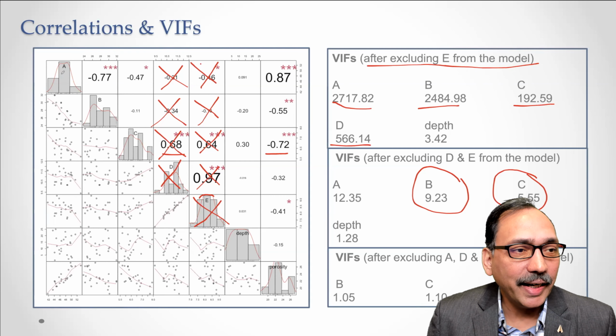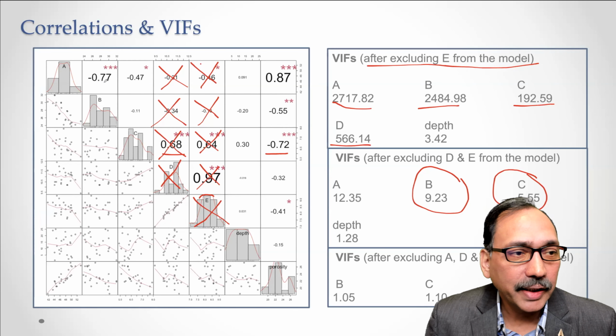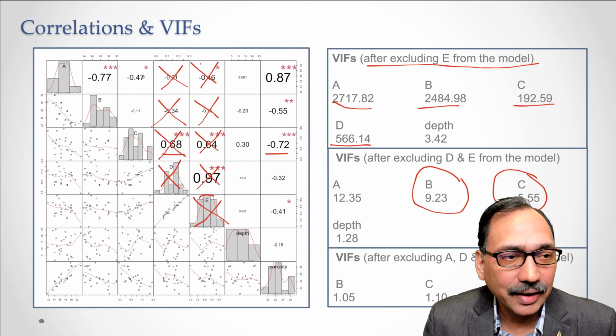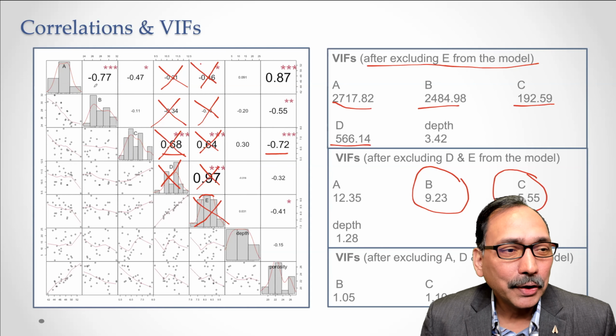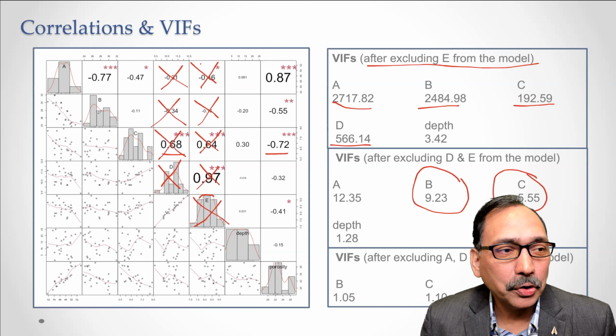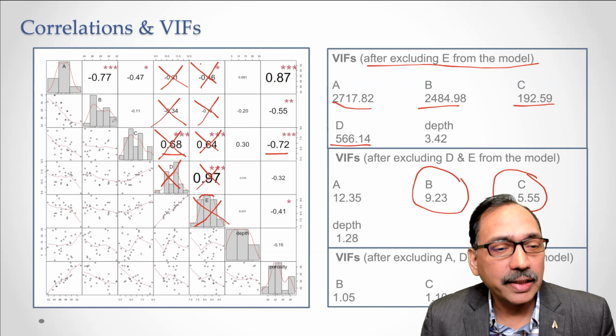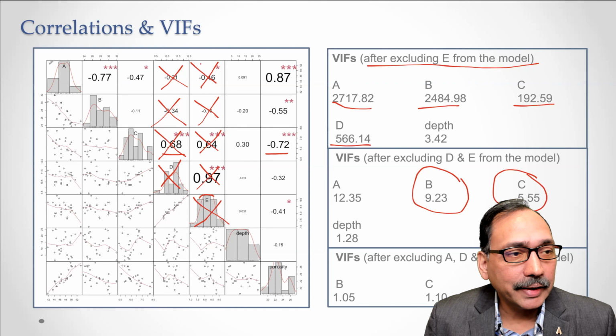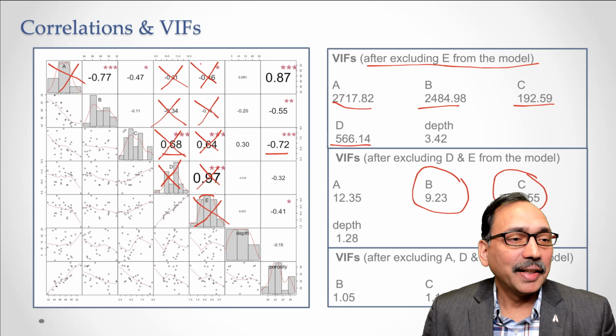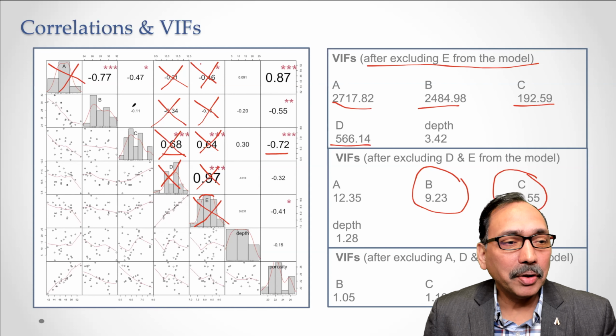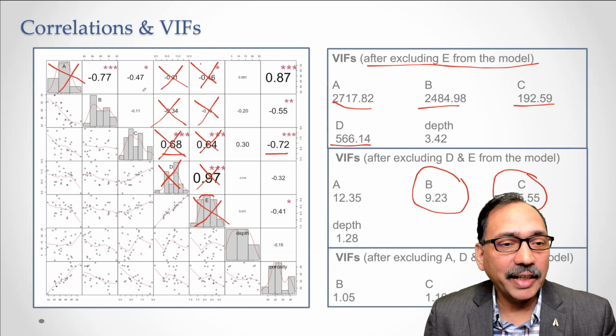But if you see, A has problems with B, negative 0.77. Also with C, it has high correlation. So we either choose only A or we choose both B and C. I decided that let's get rid of A and keep B and C, because whatever cells are remaining, those are like small correlations.